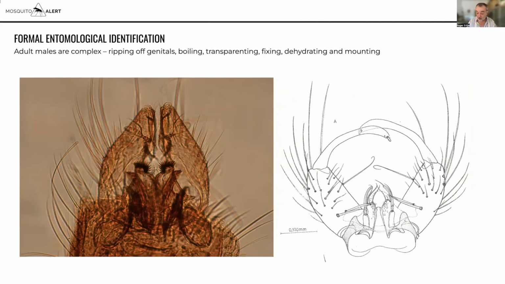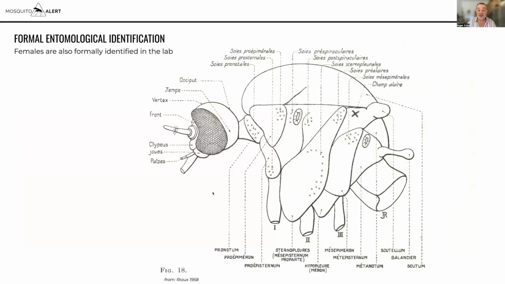This is not very common because it needs a lot of time and effort, but it's sometimes necessary when what you get from the field are males. Here you have genitalia from Culex pipiens, a common house mosquito, on the left, and one from Anopheles on the right. But this is just an interesting fact.